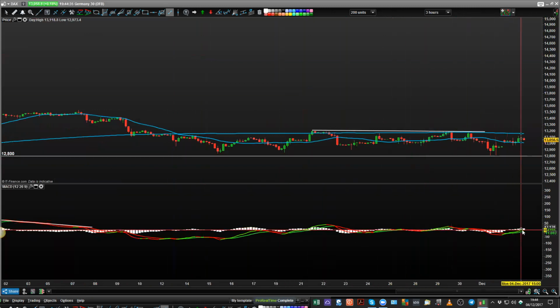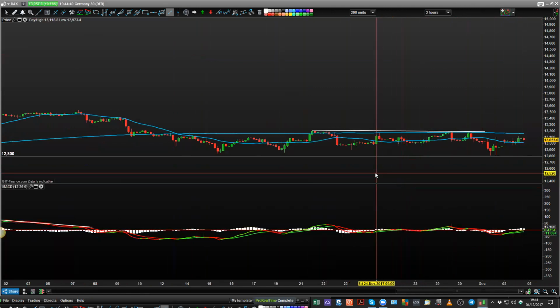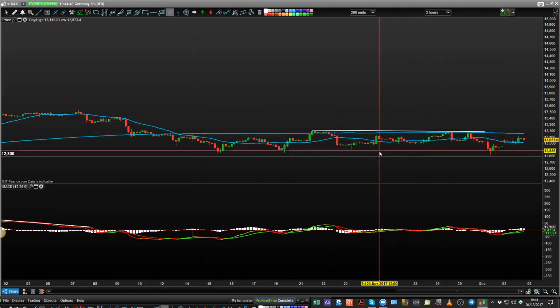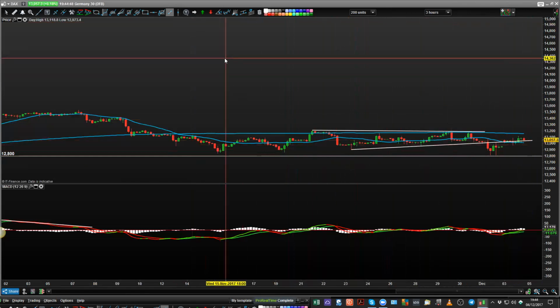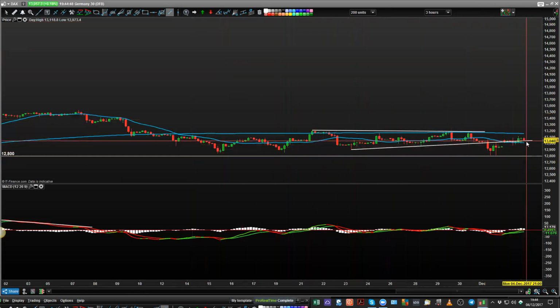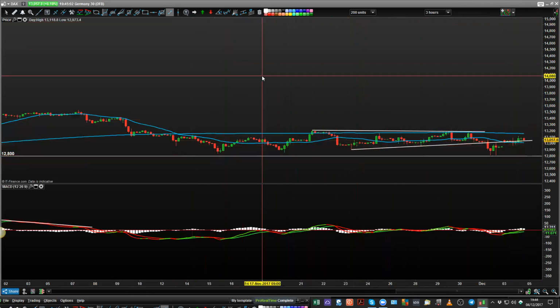The crossovers, the averages on the MACD are only just coming under the midline. So I think the MACD to me suggests that this could drop. If we start to close underneath this here, I think we could come all the way down to 800 and possibly lower.